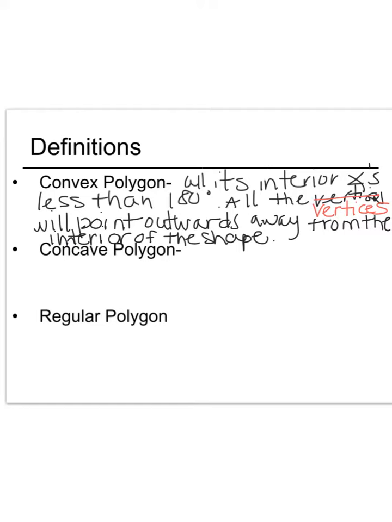A triangle possesses this quality. A pentagon possesses this quality.